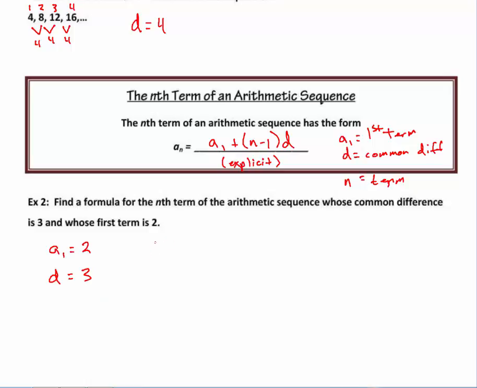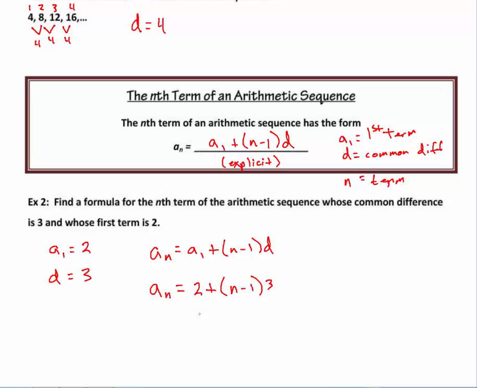So we want to know the formula for the nth term. Our formula says a sub n equals a sub 1 plus n minus 1 times our common difference. So the formula for this specific sequence is going to be a sub 1 plus n minus 1 times 3.